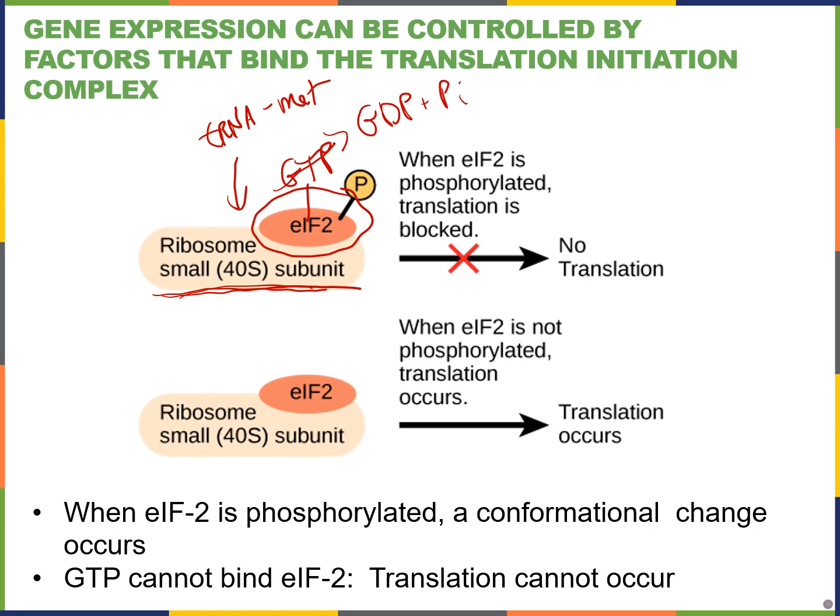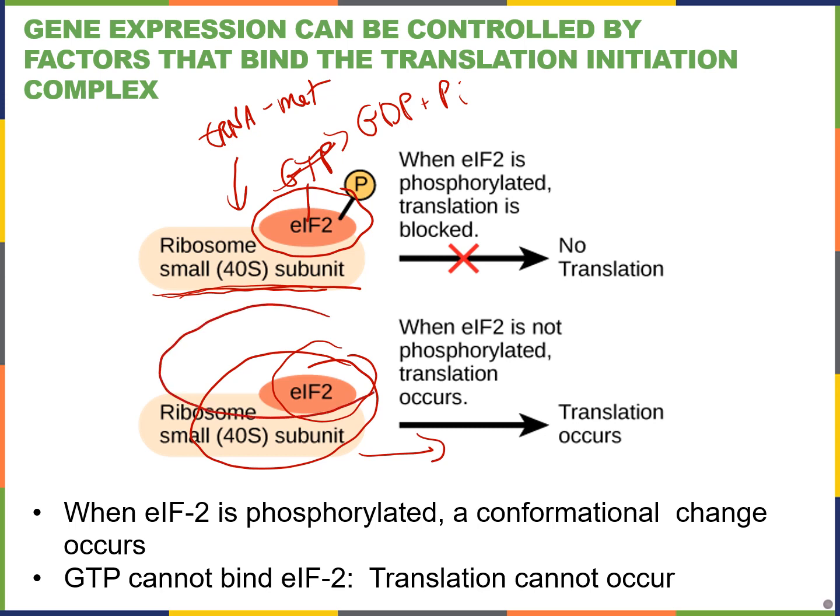That releases energy, and we're going to see that the whole complex is formed. Eventually, this EIF2 will be released, and we'll have, it's not shown here, but the large ribosomal subunit will come and bind, and we get translation to occur by having the ribosome move forward on the messenger RNA and start generating that polypeptide chain, that chain of amino acids.